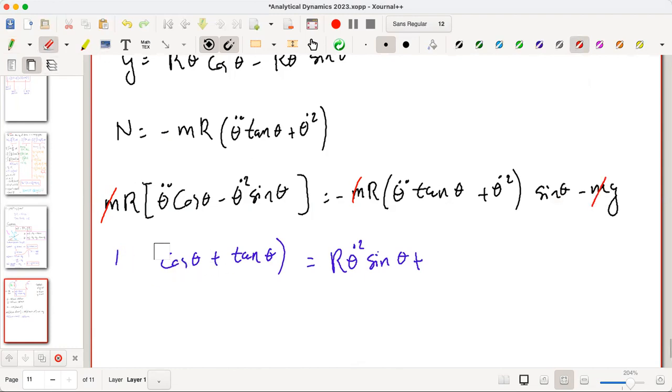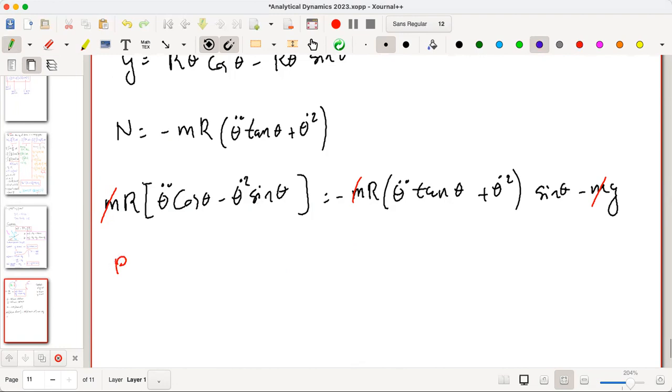Now the left hand side is just r theta double dot. We have cosine theta plus tangent theta sine theta.